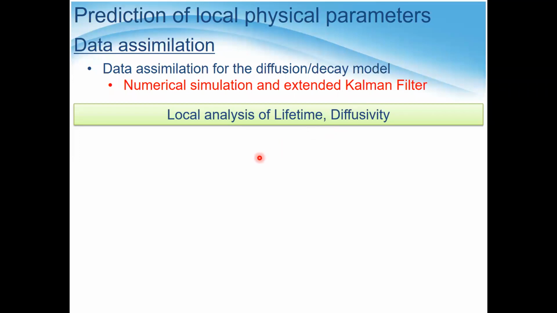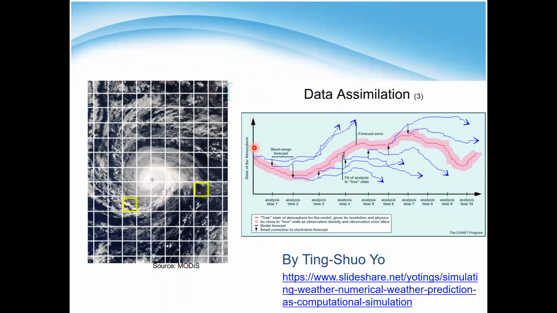So I'm going to briefly introduce the data assimilation. Probably this is very frequently used for the weather forecast. For example, you can obtain the cloud image every time, and also many other weather information.